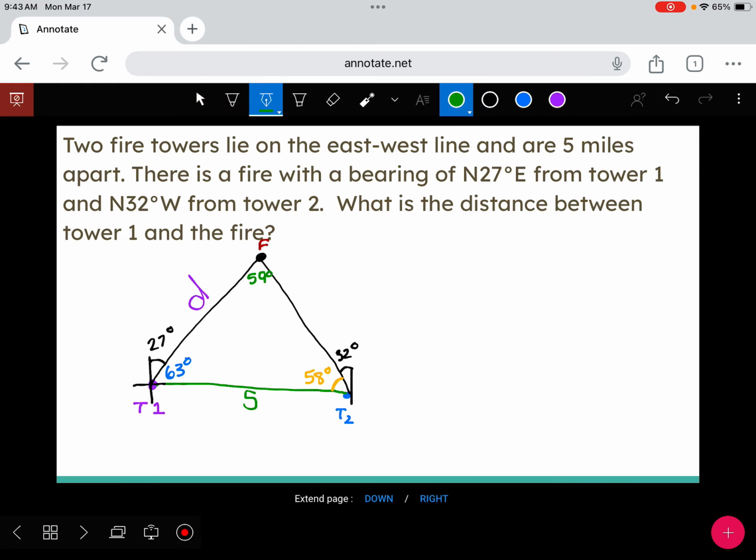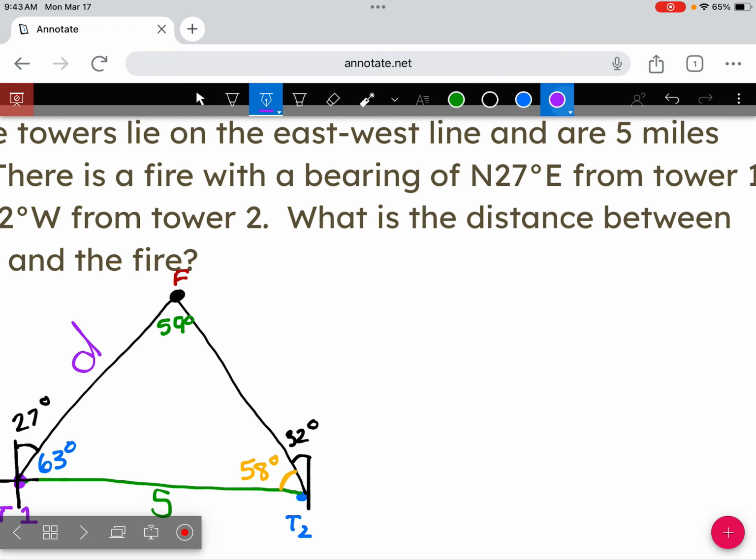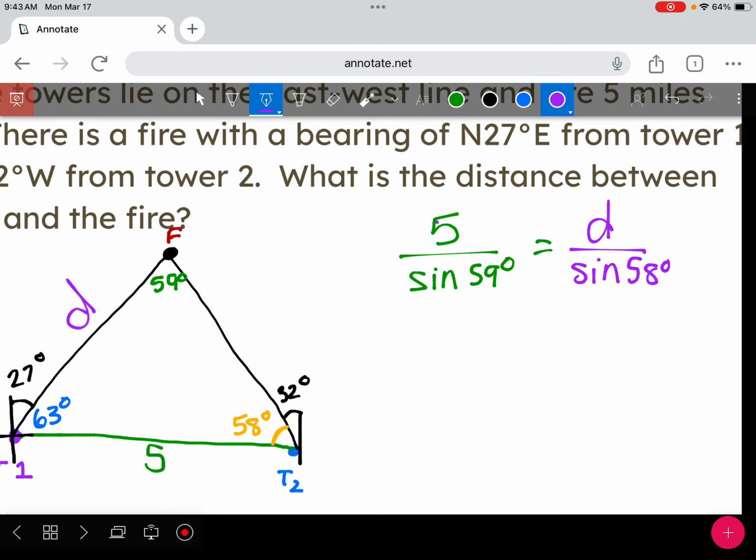So when we're trying to figure out that distance, how are we going to set this up? Law of sines. Our 5-mile distance over sine of 59 degrees equals our distance d over sine of 58 degrees. So it still works.